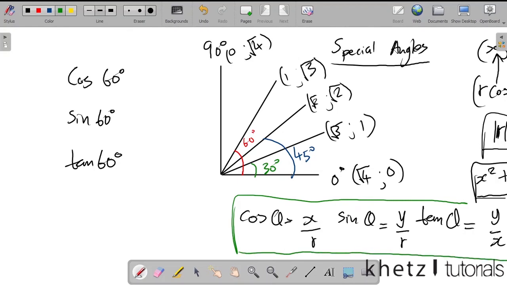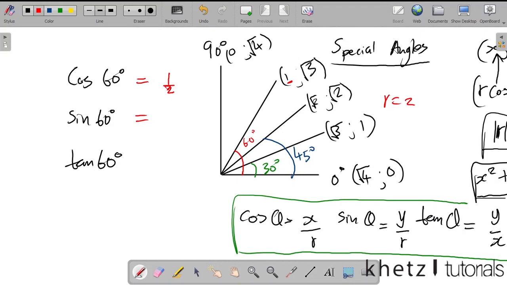For cosine, it's x divided by r, which means that the answer for cosine of 60 degrees would be the x value divided by r, which we said that r is equal to 2. So the x value is 1 and r is 2. So that would mean that our cosine of 60 degrees is equal to a half. And we got that without using a calculator, as you can see, which is quite simple. And that is basically the reason that we have this diagram.